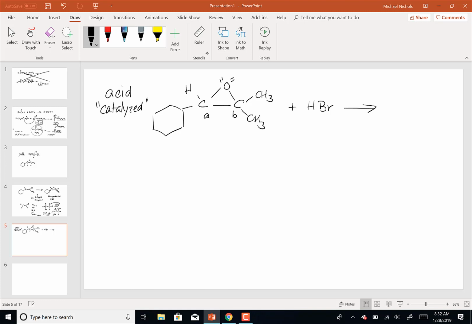So first, what carbon should the Br add to? I hear a B. Agree? Don't agree? We agree it's B? No one wants to go for A?